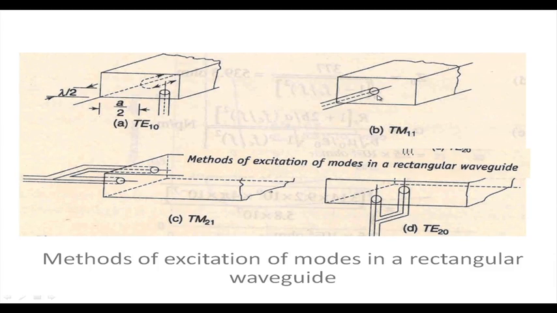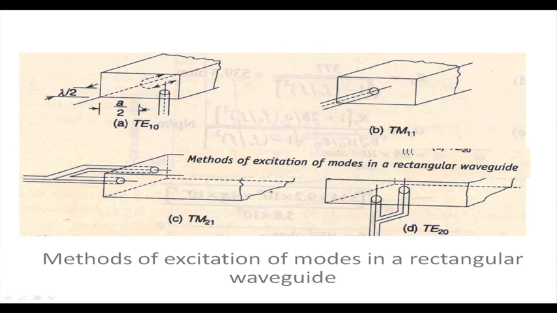Whereas in the case of TM11, we try to excite from the side wall. If you look at the electric field and magnetic field structures, you get the clue of how to excite the field. At the central portion you put a coaxial cable and connect the central conductor to the waveguide bottom layer, you make that perturbation, and you get the excitation of modes.